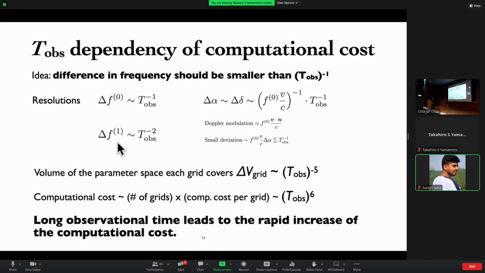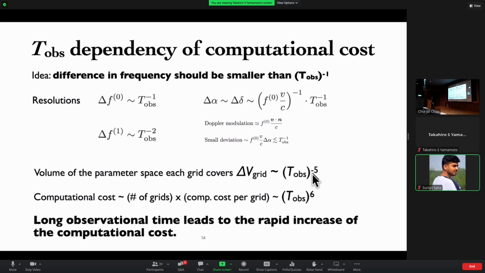We also estimate the resolution on the sky, which comes from the Doppler modulation. I skipped the details, but this angular resolution again scales as the inverse of T observation.